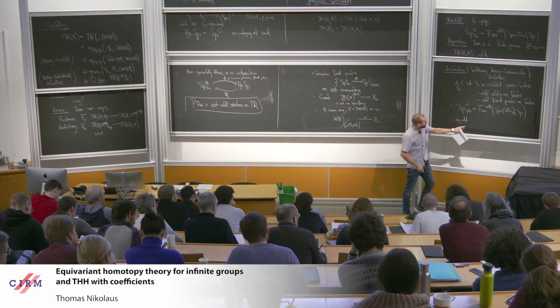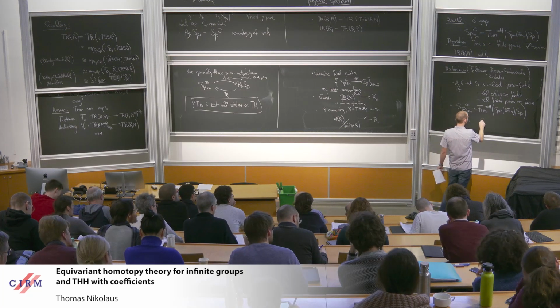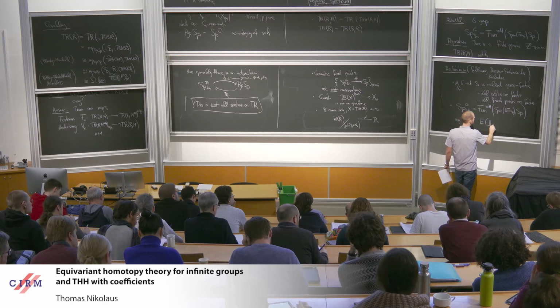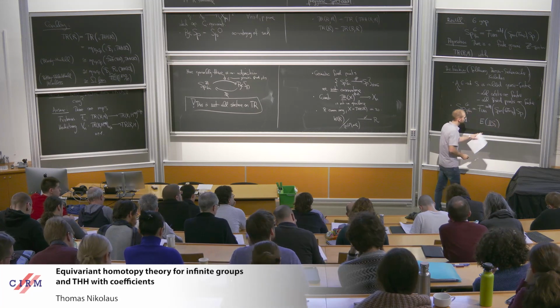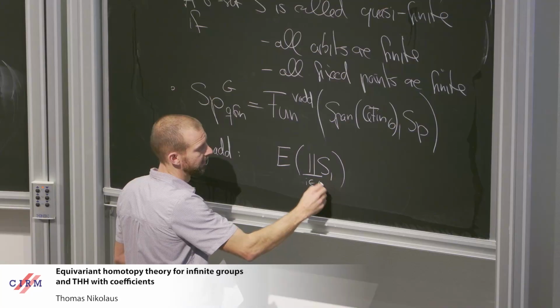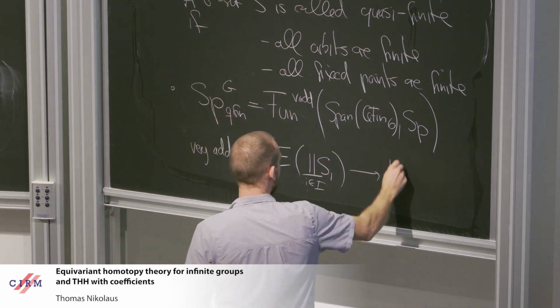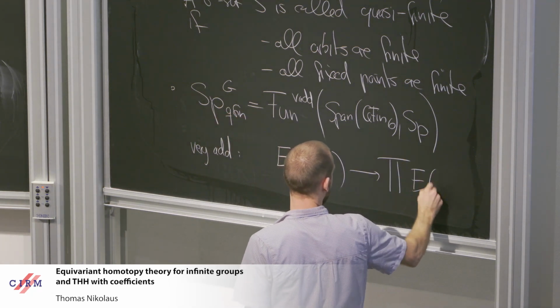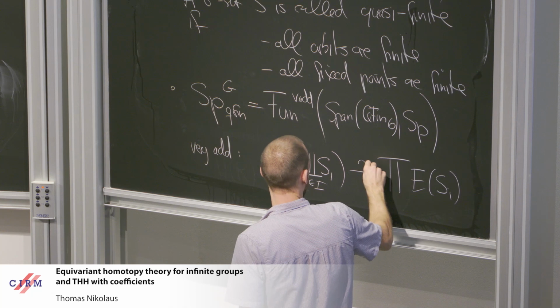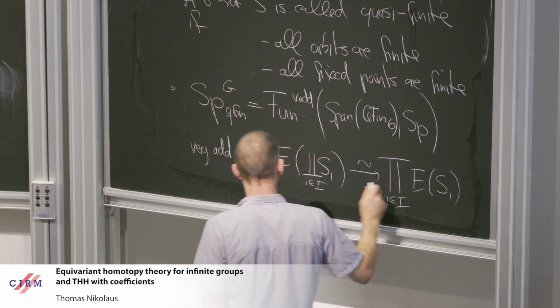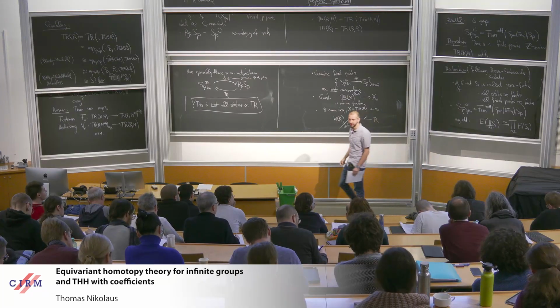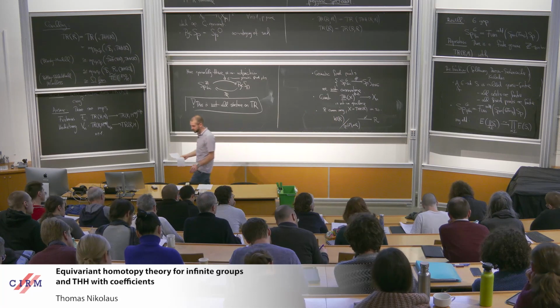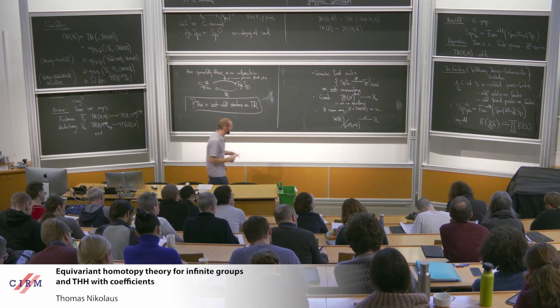If I have a functor from the span category, then what I want to say is that its evaluation on a disjoint union, which can be infinite, with the canonical map to the product, is an equivalence. Like additive would be this condition for finite decompositions, and I'm asking it for arbitrary decompositions.